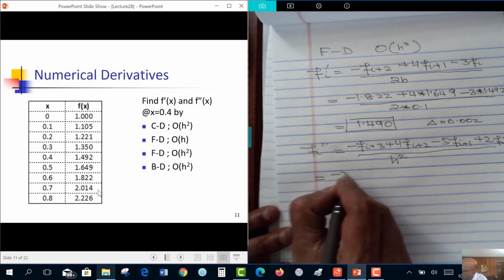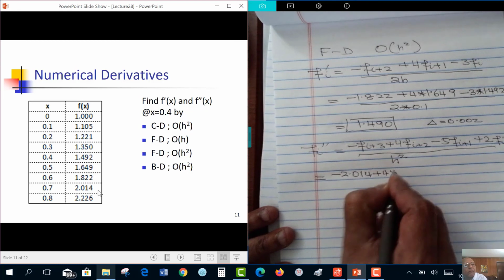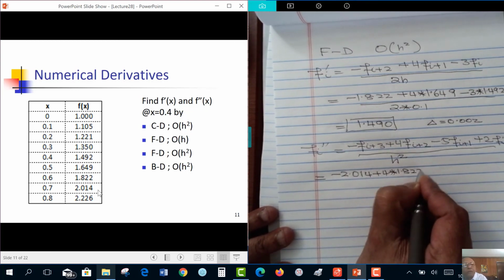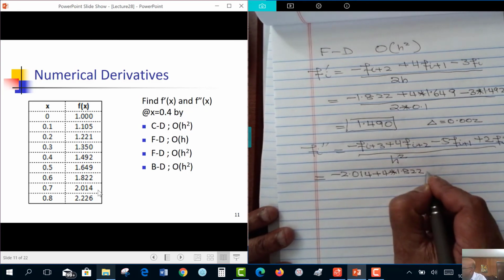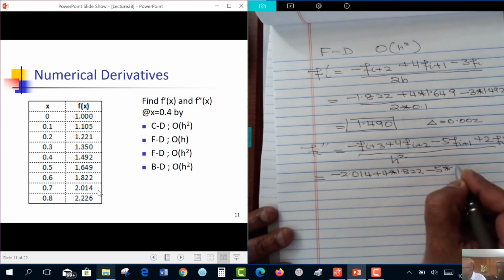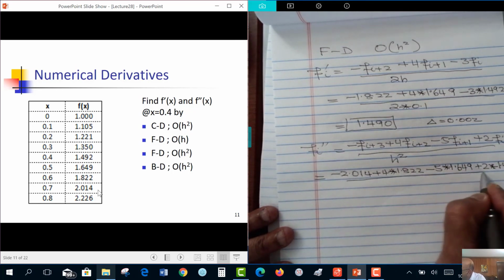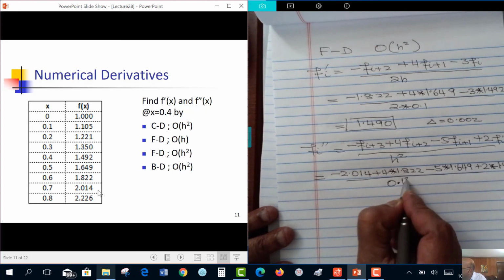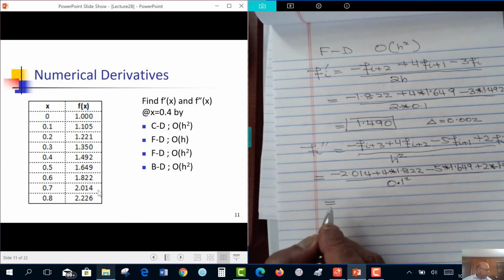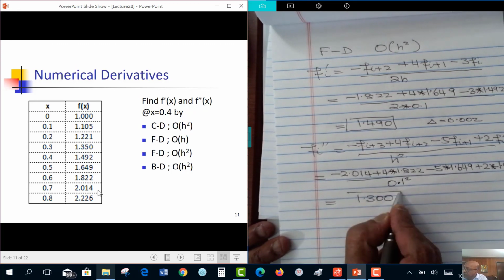We'll start with those. Divide by h square, and we are going to get 1.300.